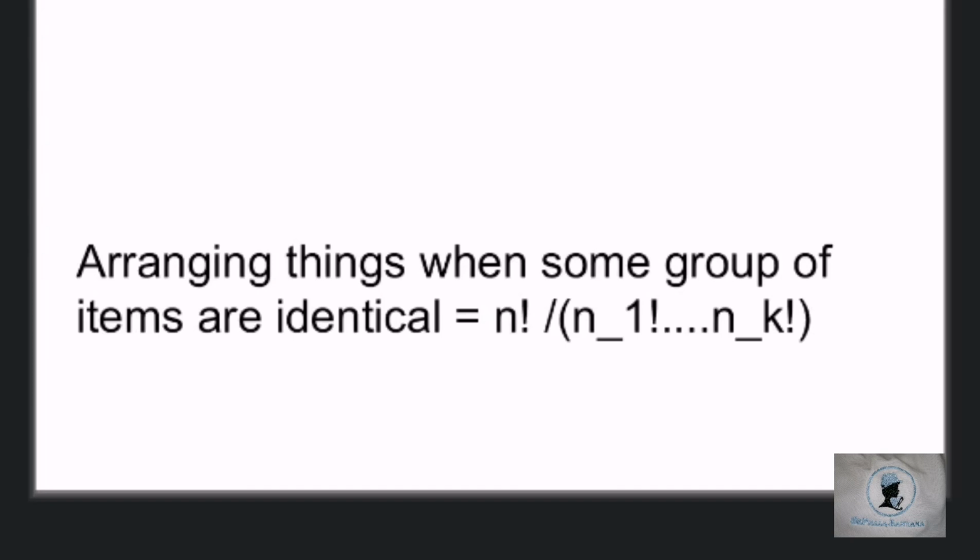So you will use the equation of permutations when some group of items are identical, which is n factorial divided by n1 factorial times n2 factorial until nk factorial, where n is the total number of things that you have and n1 to nk are the number of items in each subgroup containing identical items.